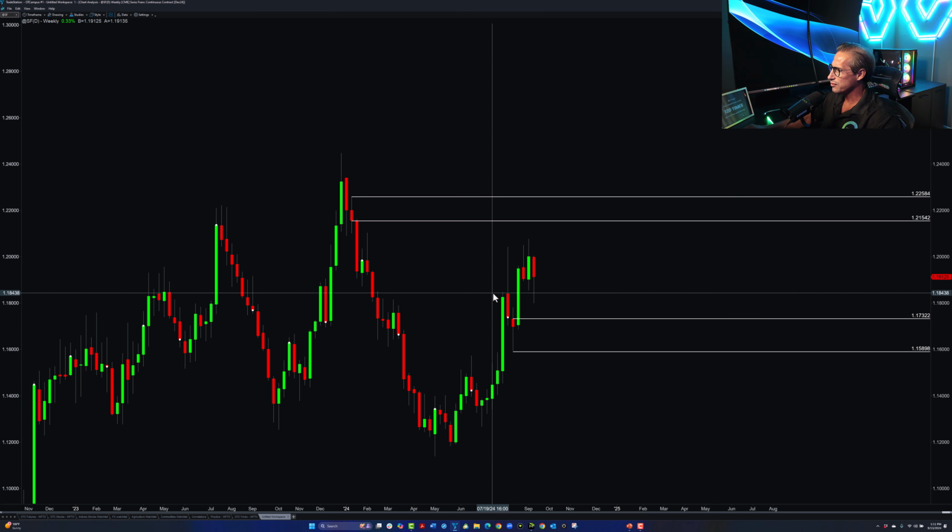So I would need to incorporate this as well. But when it comes to real trading application versus strictly following the rules, I would say this is the zone that we would highlight here as our demand location.